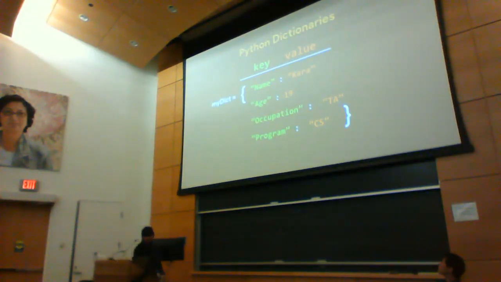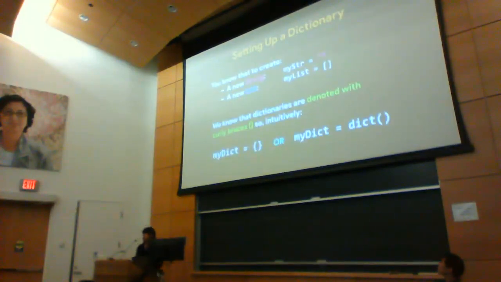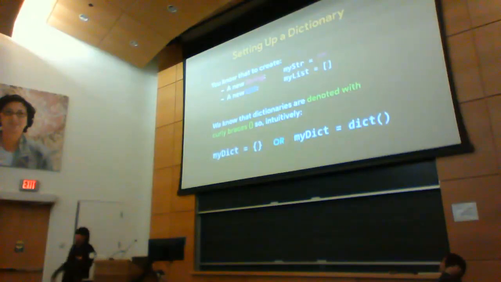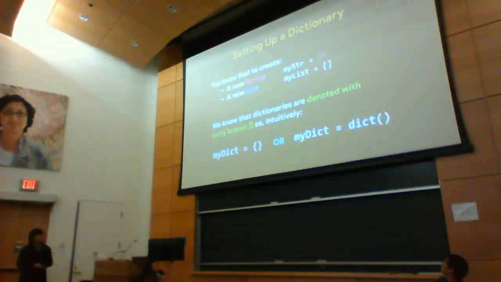So when we set up a dictionary, we know that we can follow our instincts. With a new string, we just give it empty quotes because the string needs quotes. With an empty list, we can give it empty brackets because lists go in brackets. Well, the dictionary has curly braces, so we can give it empty curly braces, or we can use a constructor, which is dict open bracket close bracket.